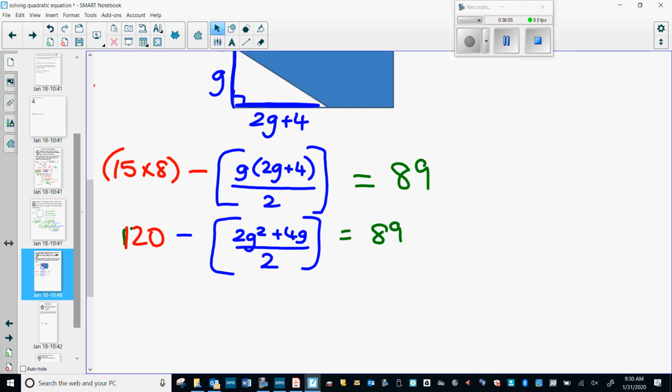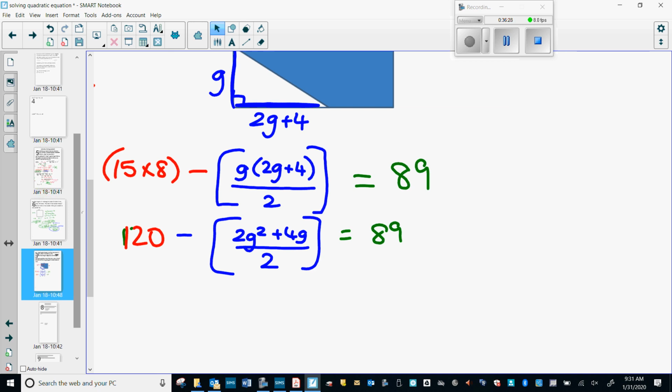Can't we finish doing the rest of the bracket inside? Can't we divide by 2? Well, that's what I was going to say. This divided by 2 is a real pain in the bottom, isn't it? Because it's just making it more complicated than we would like. But if something is divided by 2, remember you have to divide both terms by 2 if you're going to get rid of it.